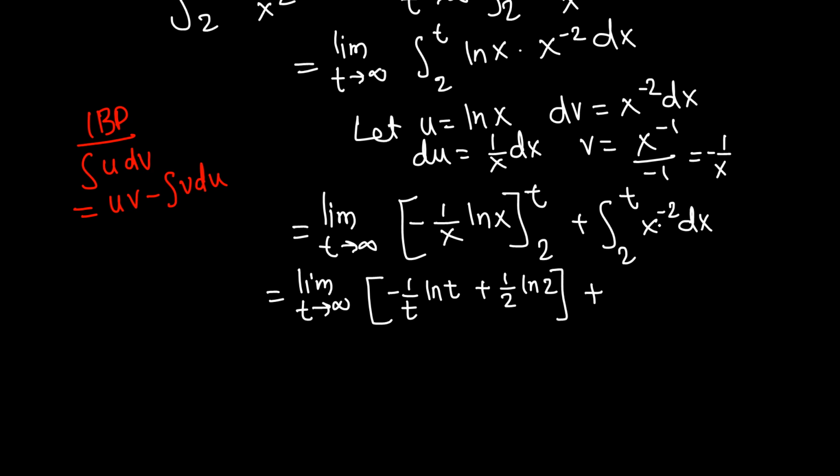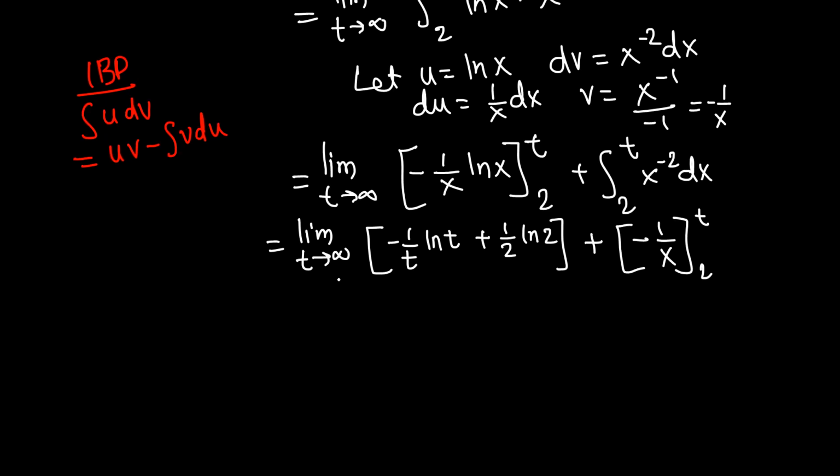Plus, let's integrate. When we integrated x raised to negative 2, we got negative 1 over x, so we get the same thing here. We are going from 2 to t, and eventually we have to take the limit as t goes to infinity.